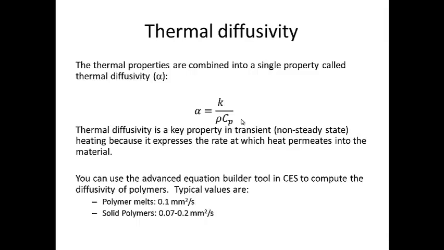The symbol for thermal diffusivity is alpha, and it's equal to the thermal conductivity K divided by density times specific heat. Typical values for diffusivity are 0.1 millimeters squared per second for polymer melts, and a lower value of 0.07 to 0.2 millimeters squared per second for solid polymers. You can calculate alpha in CES using the advanced equation builder. Please ask to see how to do this if you're interested.